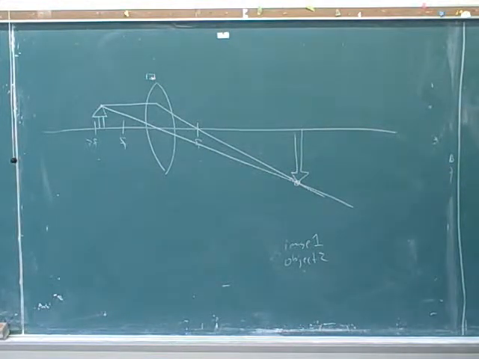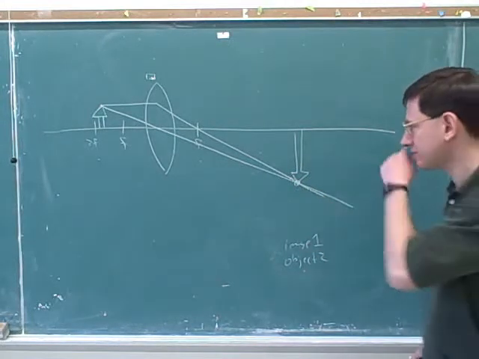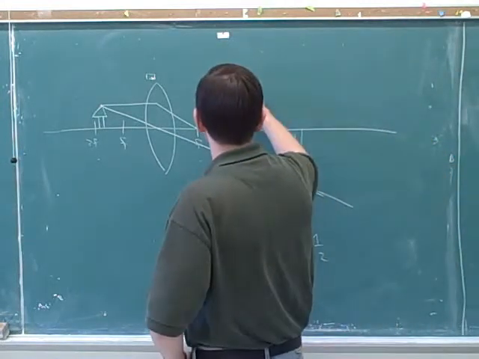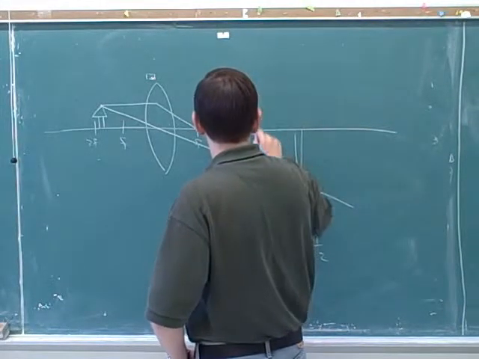I don't know if I know the answer. We'll see. Okay, so at the same time I've just drawn the first image. And now I'm going to put this lens over here.